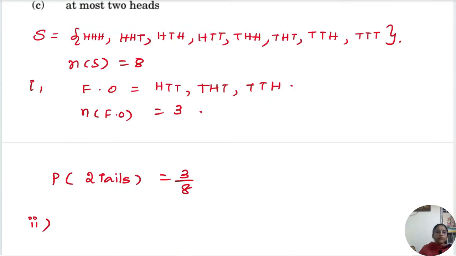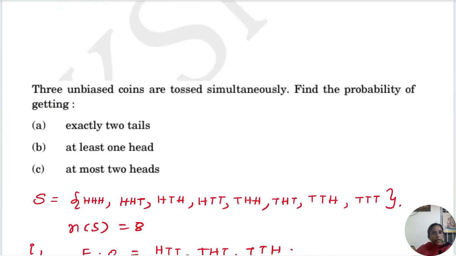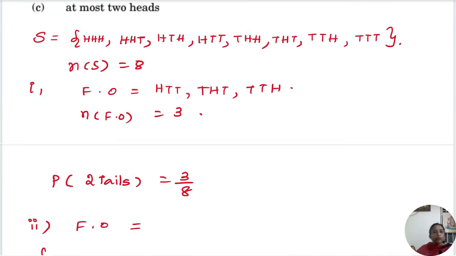And for the second subdivision, it is at least 1 head. So first write your favorable outcomes. At least means minimum, so minimum 1 head: 1 head, 2 heads and 3 heads.